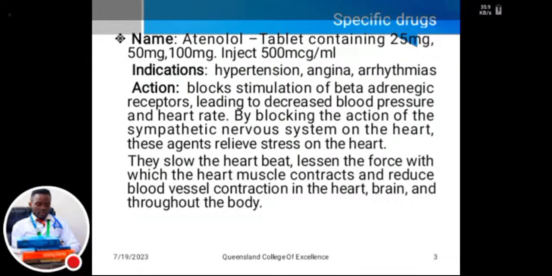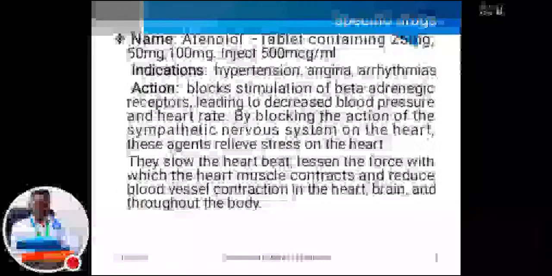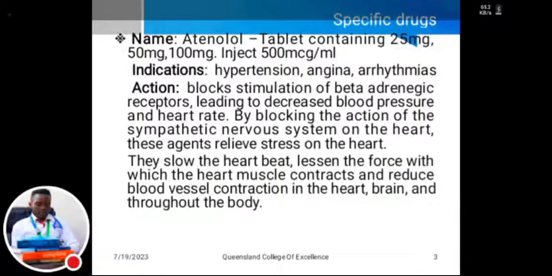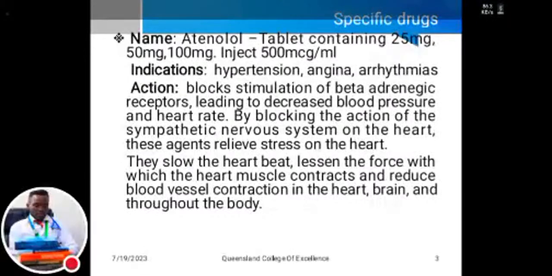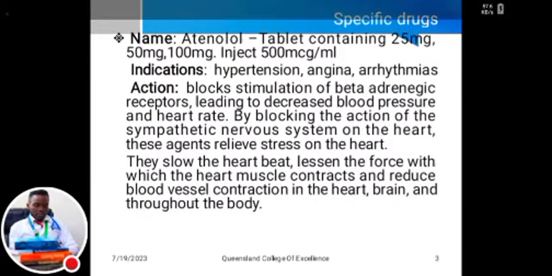These agents usually act on the heart. The good part of atenolol is that it prevents the heart muscle from contracting too much, ensuring there is relaxation as usual.